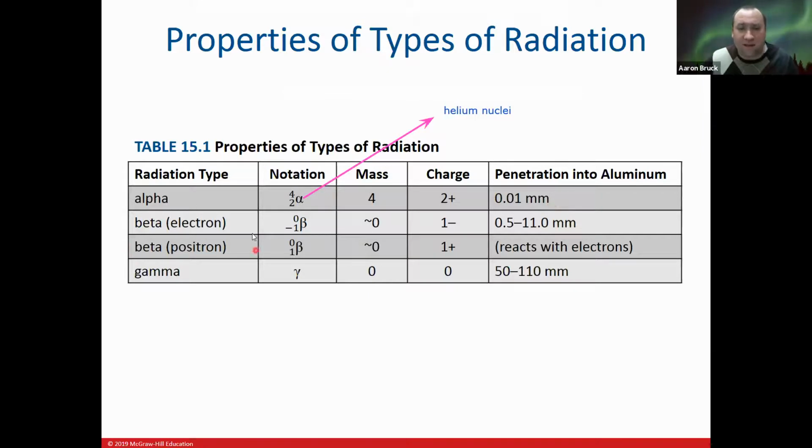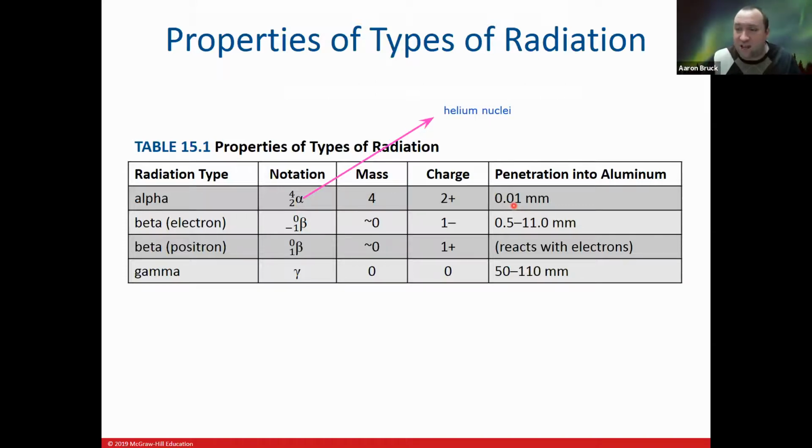With beta decays, we can see that negatron or electron emissions do have a good bit more penetration power, anywhere between 50 and 1,000 times the power of alpha particles.